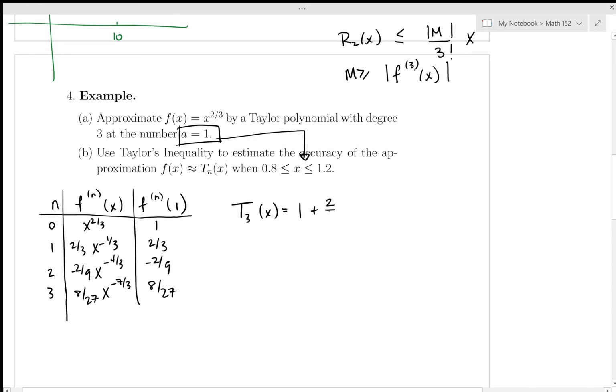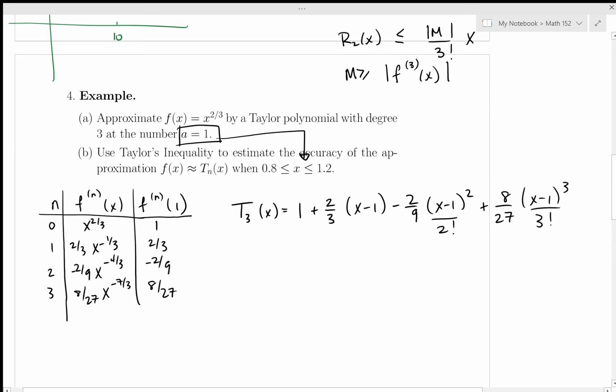Make that a bit neater so we can read it. x minus 1, minus 2/9 (x minus 1) squared divided by 2 factorial, plus 8 over 27 (x minus 1) cubed over 3 factorial.